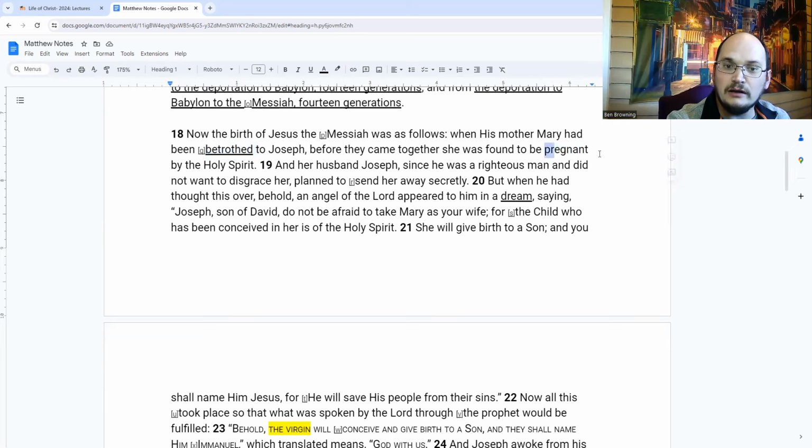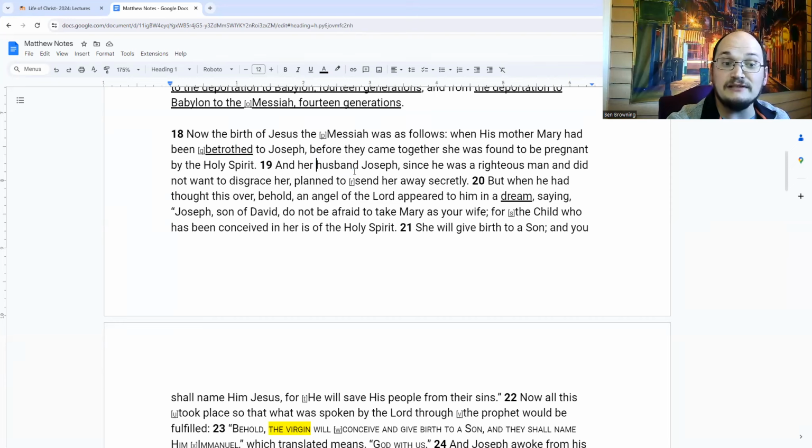Well, there's only one explanation for this, because in the ancient world, just like today, we know where babies come from, right? So Joseph is saying, well, we haven't done anything that should get her pregnant, therefore she must be unfaithful, because we know where babies come from, right?